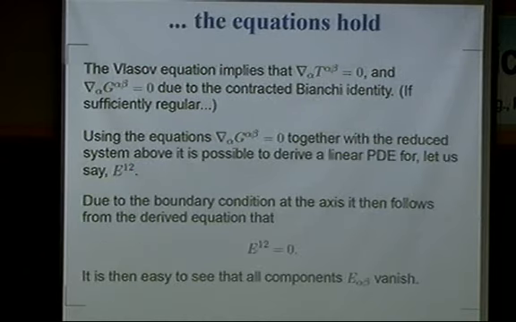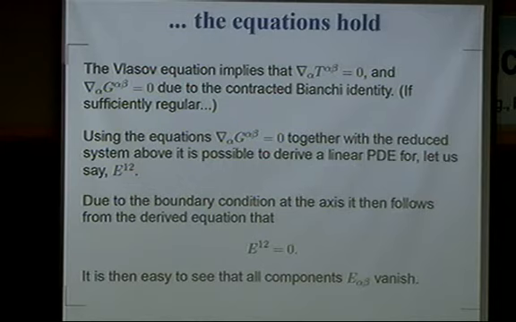And then, together with the Bianchi identity, we know generally that this holds. One can finally obtain a linear PDE for, let's say, one of the components. In this case, we have chosen E12.